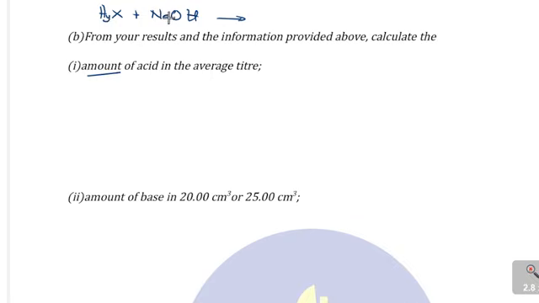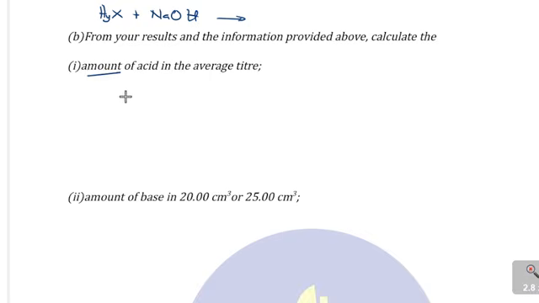Is it NaX or Na2X or Na3X? You don't know. So this is not a regular question of CAVA over CBVB equals Na over Nb. In fact, you don't need that formula in this particular context, because you don't know the number of moles or the basicity of the acid. So how do we approach this?